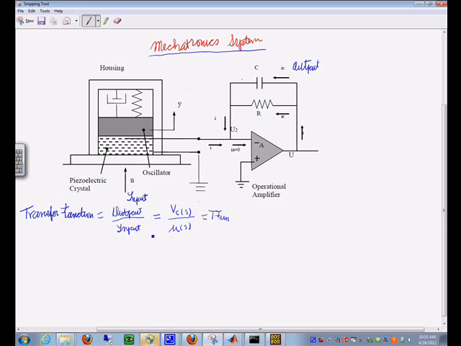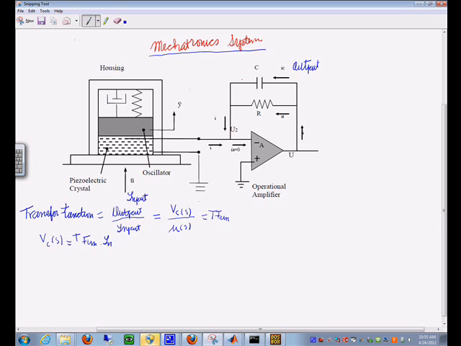If this is true, doesn't it follow that the output is equal to T-fun times the input?